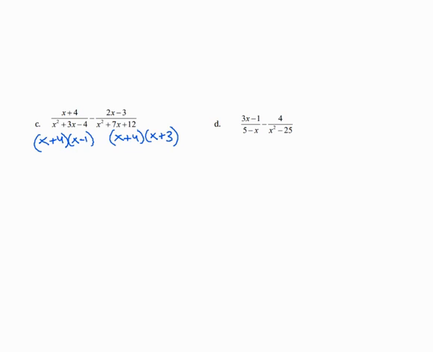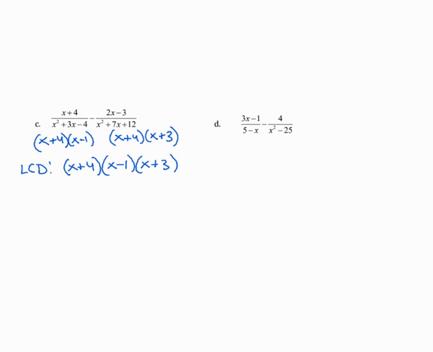Okay, now that we are going to put these together, we need our common denominator. So that least common denominator, if we use the rules we just discussed, they each have an x plus 4, so I'll use that. It only showed up once for each, so we'll only use it once. The first one has an x minus 1, and the second one has an x plus 3.